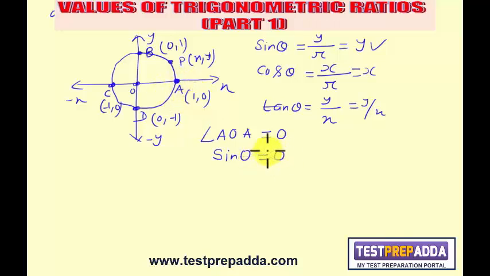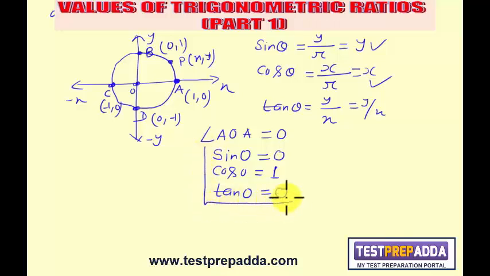So sine 0 will become 0. Cos 0, what is the value? X coordinate. So what is the x coordinate at A? It is 1. So cos 0 will be 1. Now tan 0, tan theta is y by x. Y is 0, x is 1. So tan 0 will also be 0.